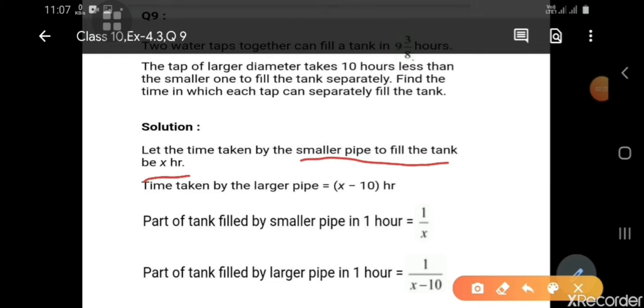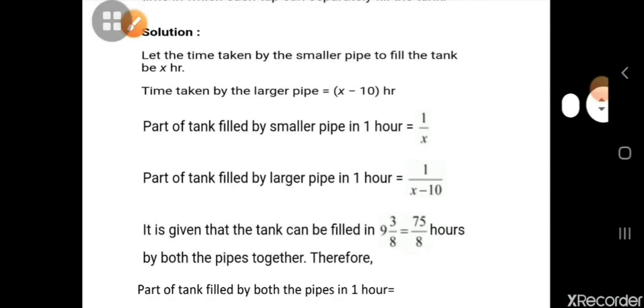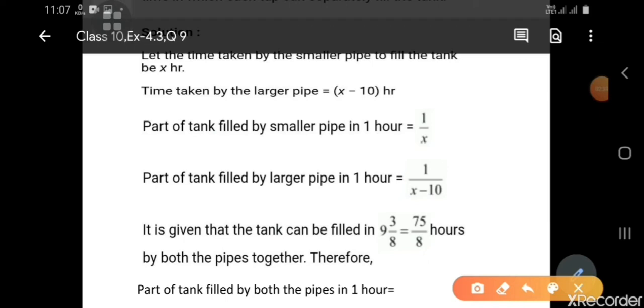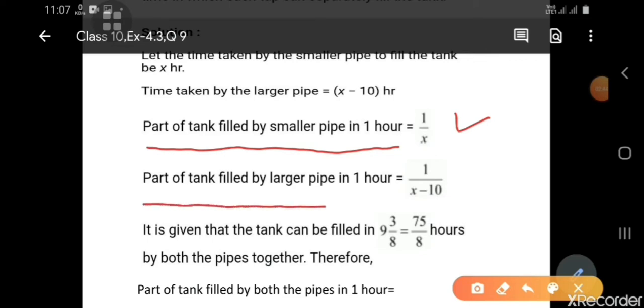According to the question, the larger pipe will take x minus 10 hours. If the smaller pipe takes x hours to fill the tank, the part of the tank filled by the smaller pipe in 1 hour will be 1 by x. Similarly, the part of the tank filled by the larger pipe in 1 hour will be 1 by x minus 10.